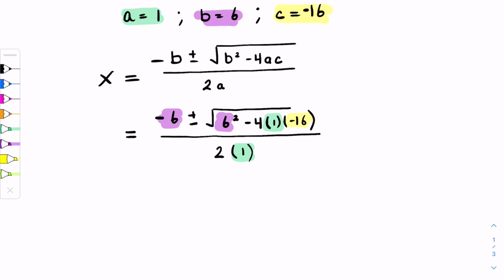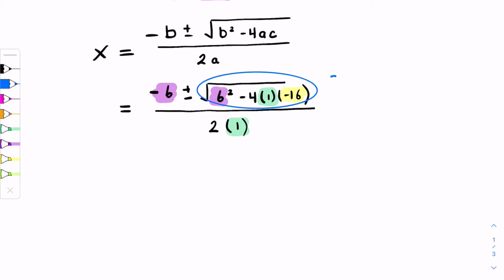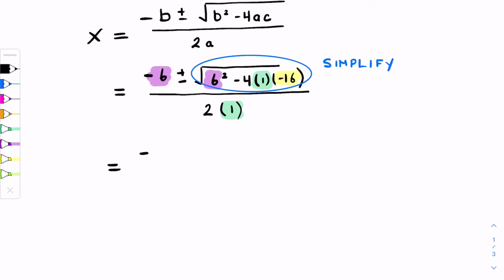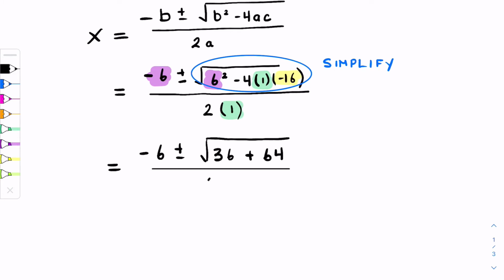I always like to simplify underneath the square root sign first. Negative 6 plus or minus the square root of 6 squared, which is 36, minus 4 times 1 times negative 16, which ends up being positive 64, all divided by 2 times 1, which is 2.